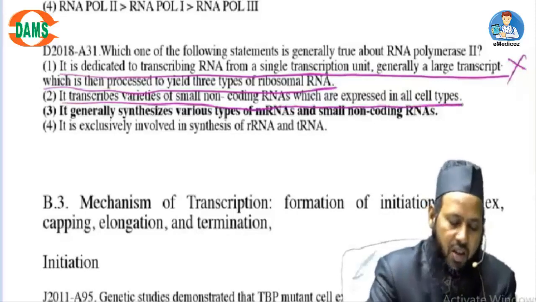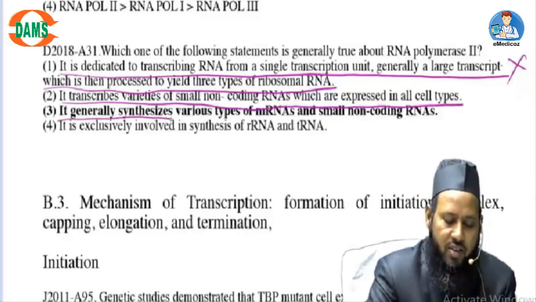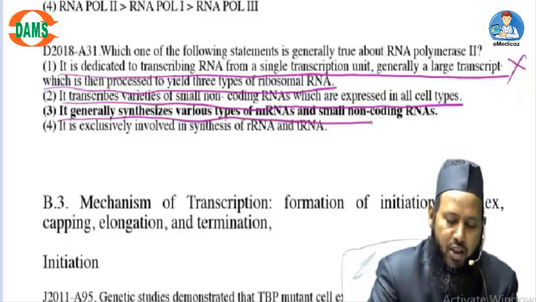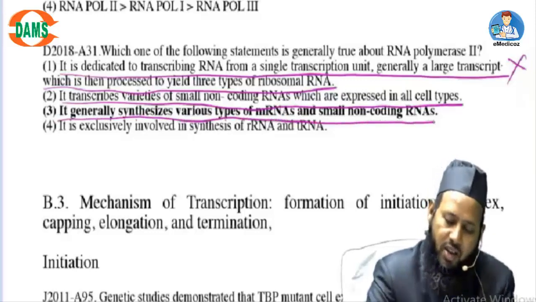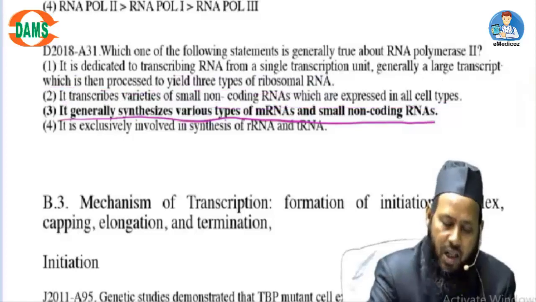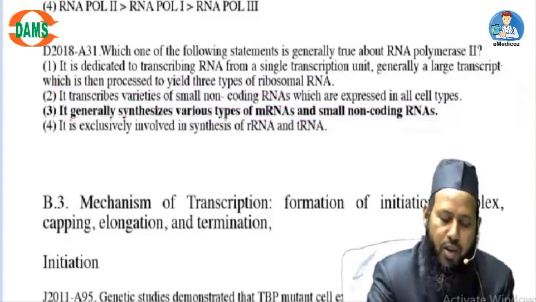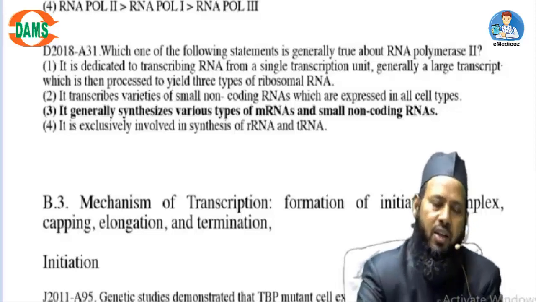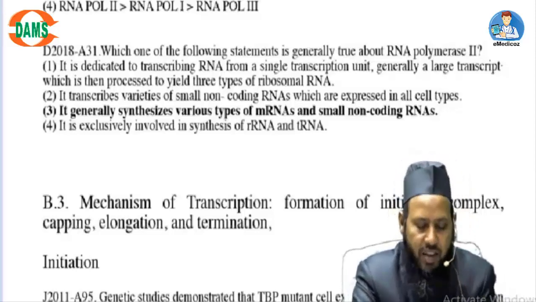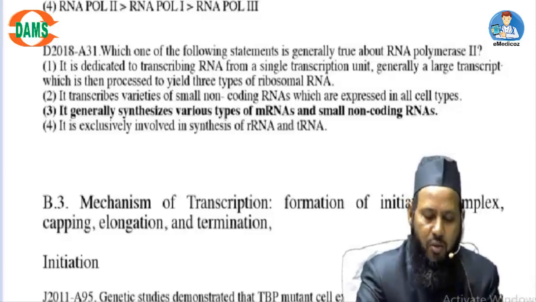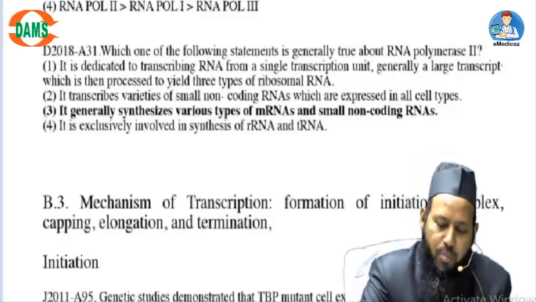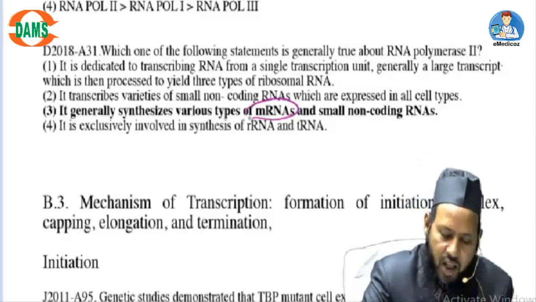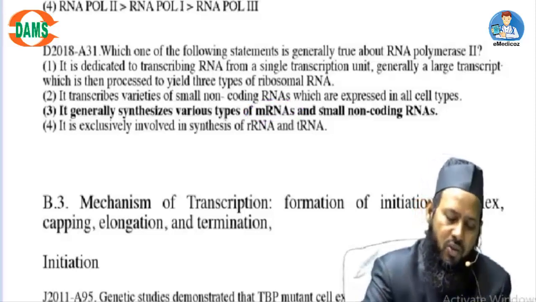That could be. It generally synthesizes various types of mRNAs and small non-coding RNAs. We know that RNA polymerase 1 means ribosomal RNA, RNA polymerase 2 means mRNA, and RNA polymerase 3 means tRNA, in a very simplistic way. So the answer is 3.